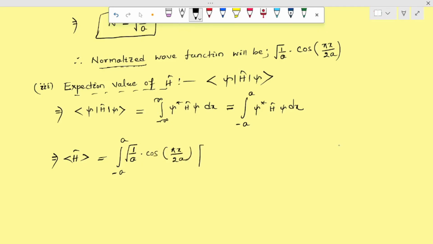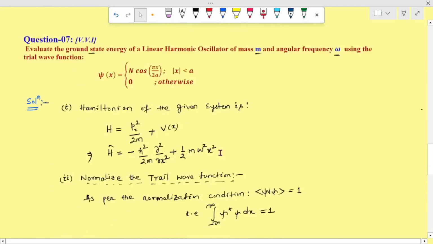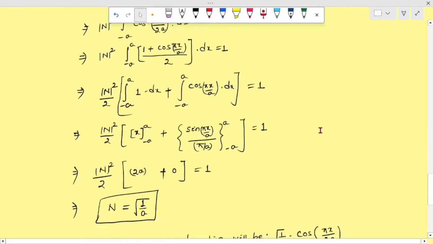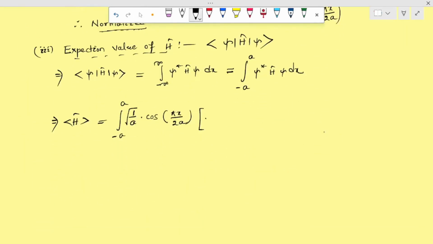Okay, then the Hamiltonian value is minus h cut square by 2m del square by del x square plus half m omega square x square. Then again we write the wave function psi, root over 1 by a cos pi x by 2a dx.